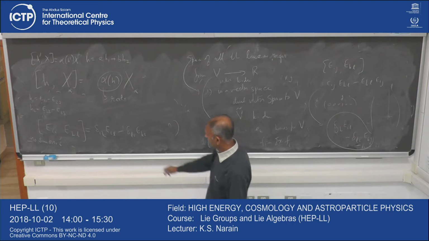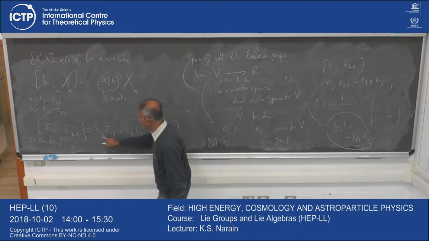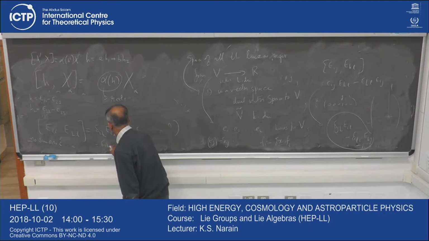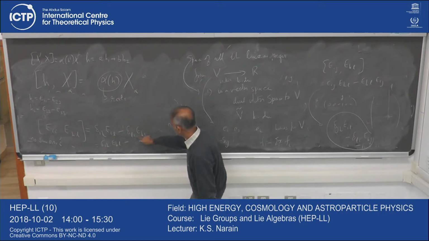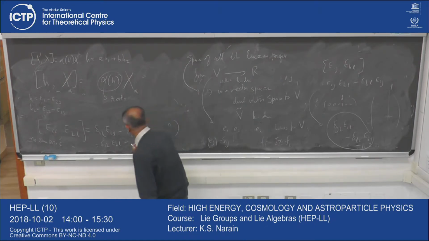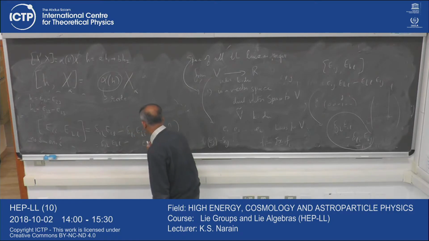Now, since this is non-zero only when k is equal to I, I can as well substitute this I by k, right? So this is the same as delta ik, EKL. And similarly here, the only time it will be non-zero is when I is equal to L. So I can as well substitute here L. This was I to begin with, but L. So, both are EKL.